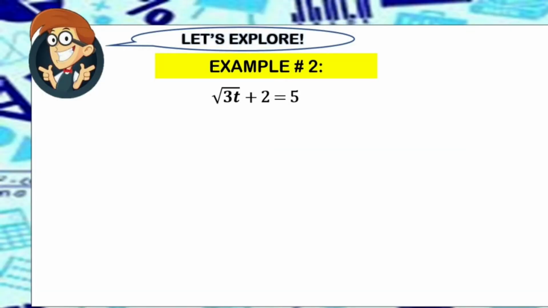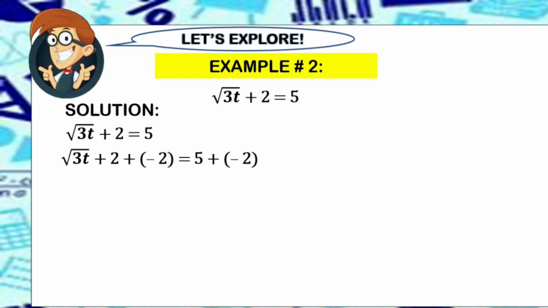Next example, we have square root of 3t plus 2 is equal to 5. To solve, first, we add negative 2 to both sides of the equation to eliminate the constant term 2 on the left side of the equation. Thus, we have square root of 3t is equal to 3.